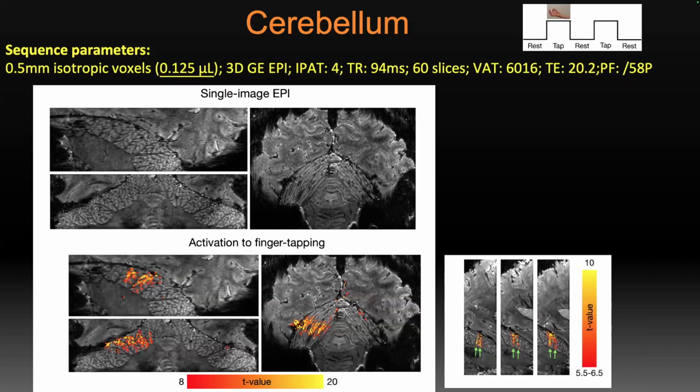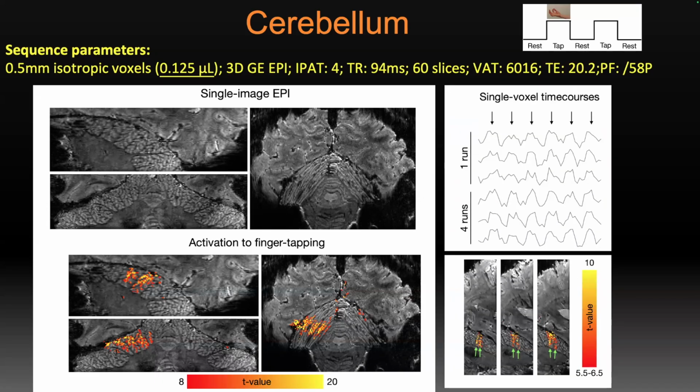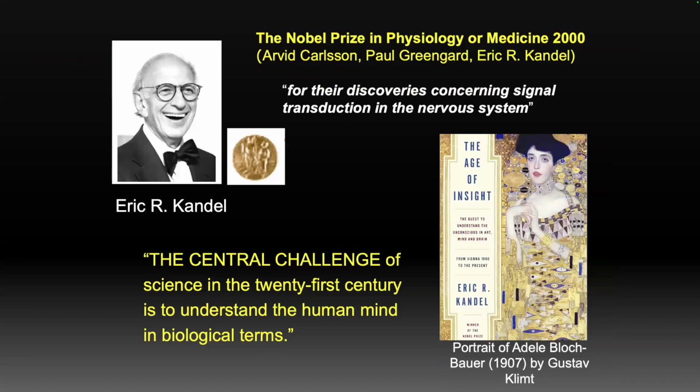And these are the kind of activation you see in the EPI fMRI in the cerebellum. I have to say, okay, I am of course partial, but it's very exciting to see this kind of resolution in the fMRI data, in visual cortex, hippocampus, and the cerebellum, and some single voxel time courses.